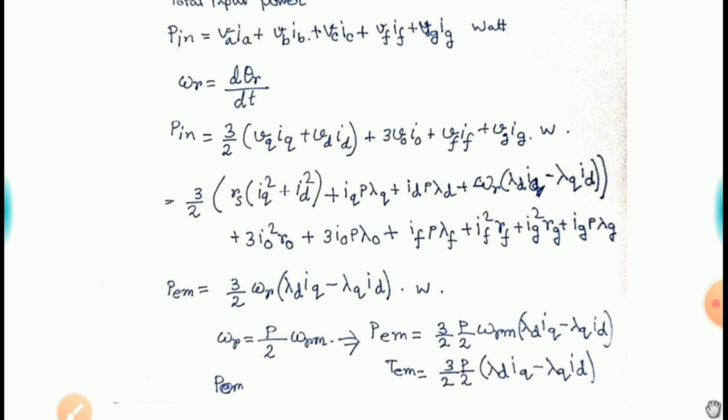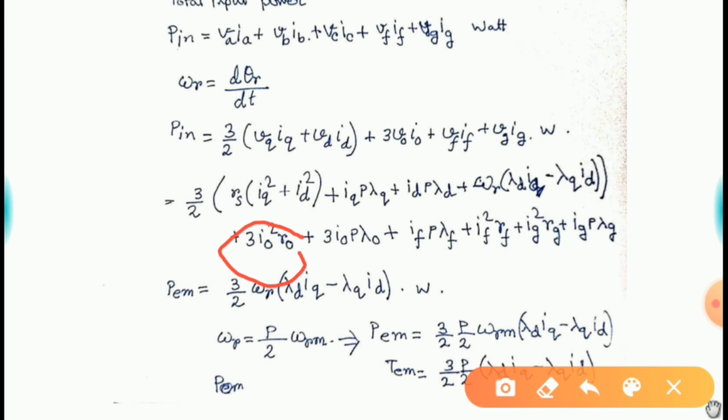Let me tell you once again, IF square RF and IG square RG are due to two single phase DC voltages, for your reference. What is RF? RF is your field winding internal resistance, the conductor resistance of your field winding. What is the physical placement of your field winding? That is placed on, or attached with, your D axis. And similarly, this RG is the internal resistance of your G winding, and it is associated with your Q axis field winding, right?